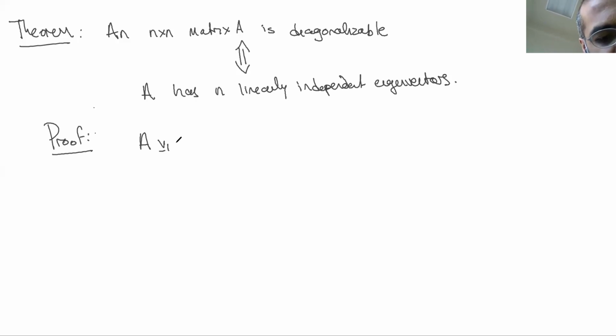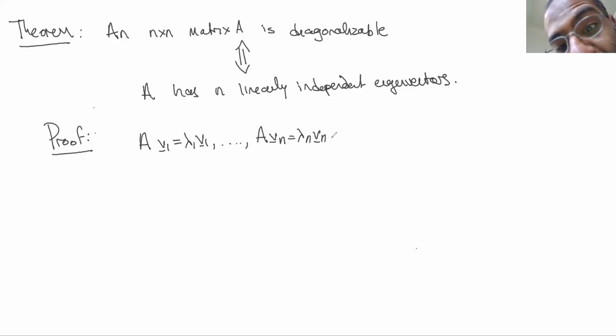So that means A v1 equals lambda 1 v1, all the way up to A vn equals lambda n vn. They may not be distinct, but I'm not requiring them to be distinct. In the previous example, the eigenvalues were actually not distinct. But I'm requiring these vectors to be linearly independent.